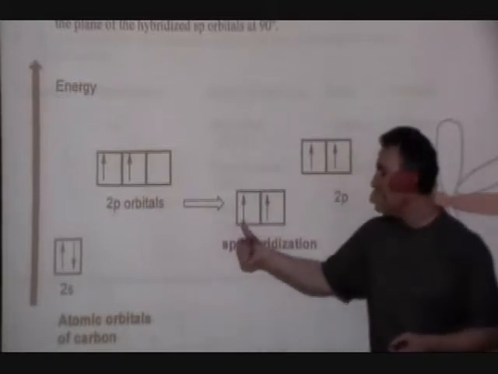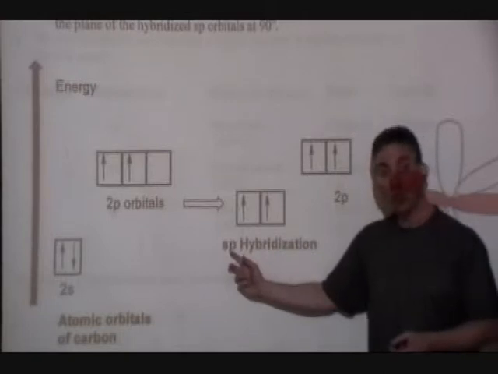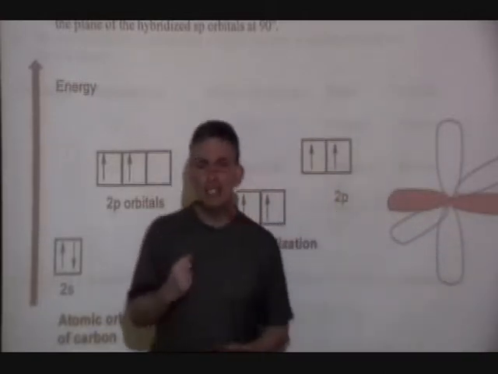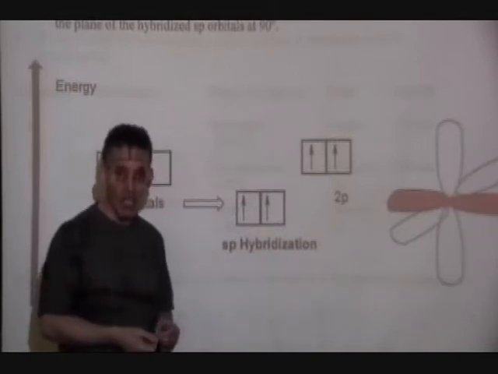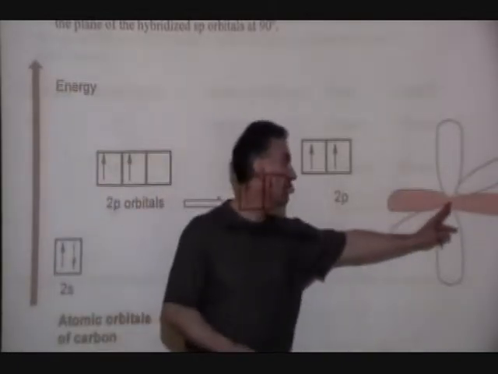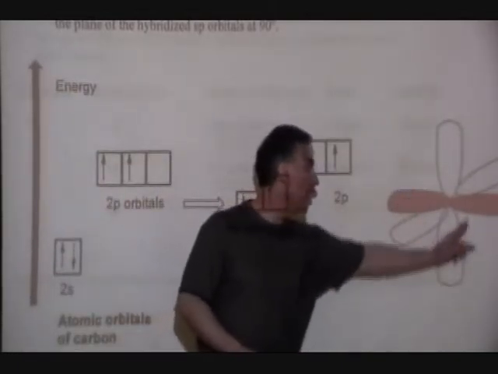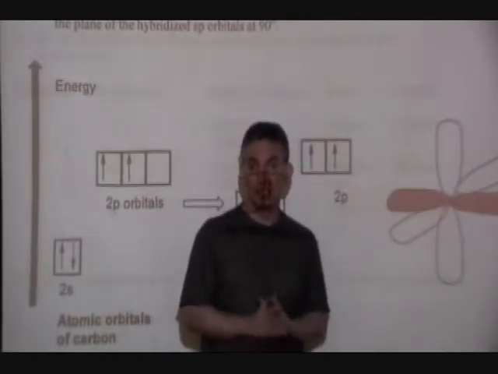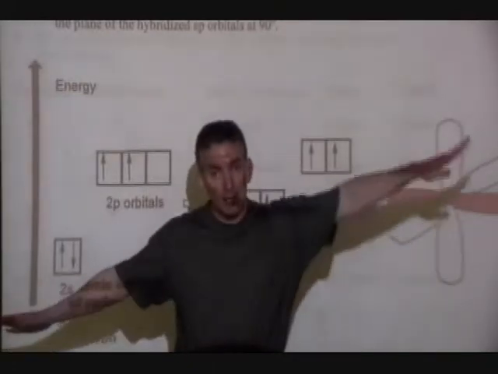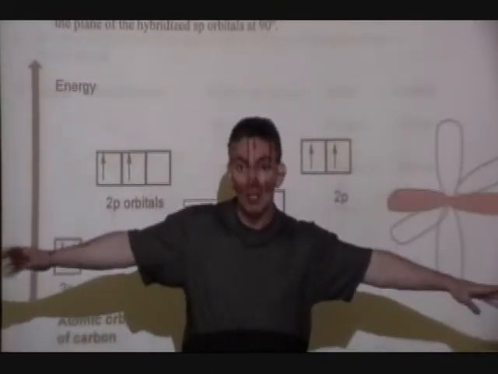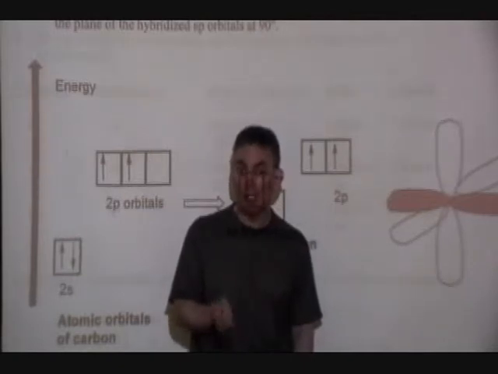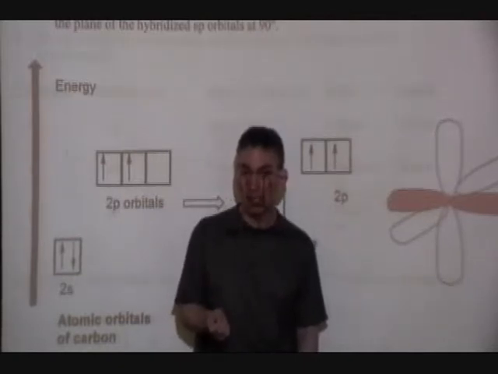These two sp hybrid orbitals arrange themselves linearly around the nucleus of the atom with a bond angle between the orbitals of 180 degrees. They keep the orbitals as far away from each other as possible, maximizing the distance between pairs of electrons, be they lone pairs or bonding pairs, and that will minimize repulsion.